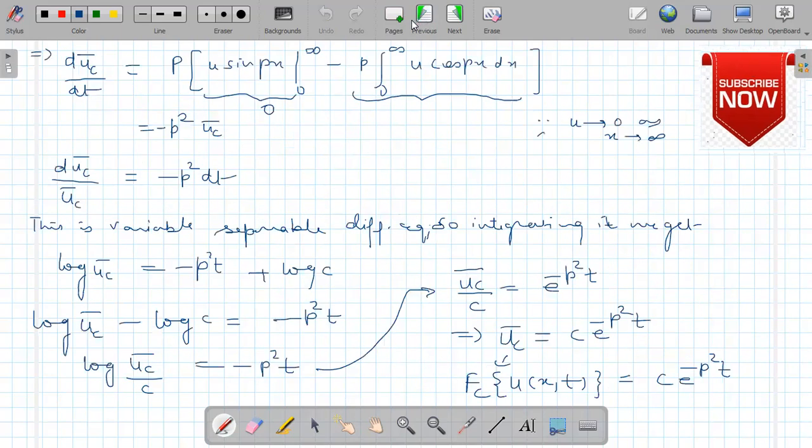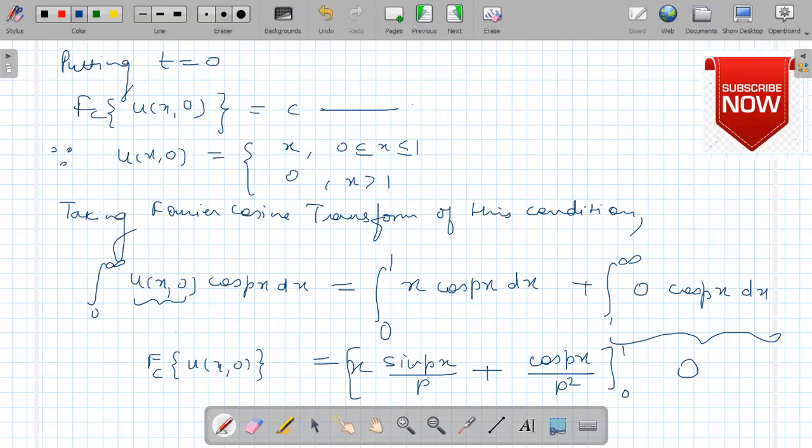We have obtained this solution. This is the value of c that we obtained.